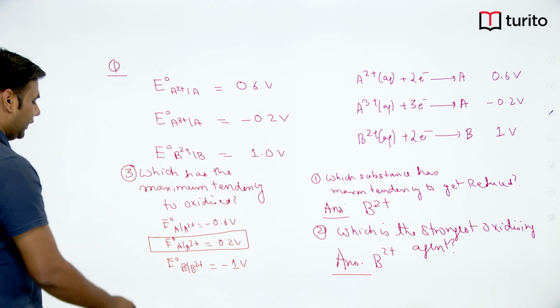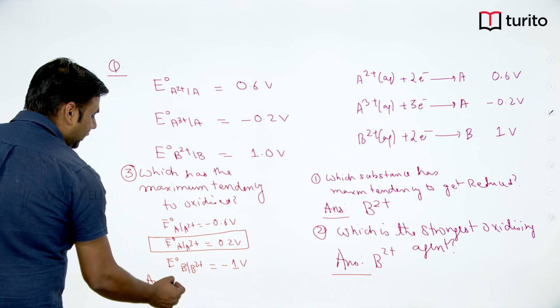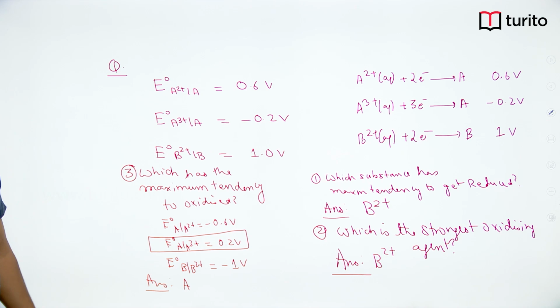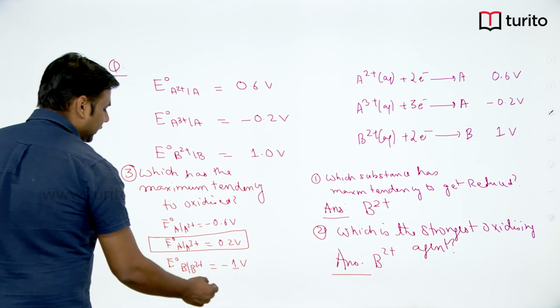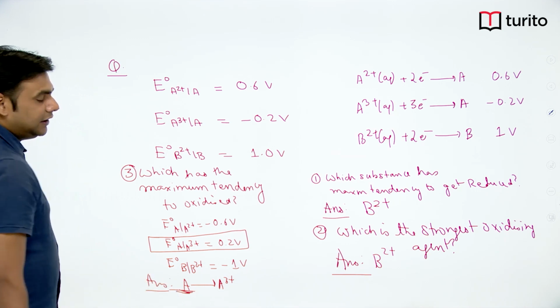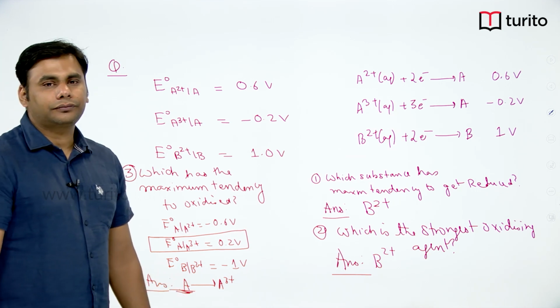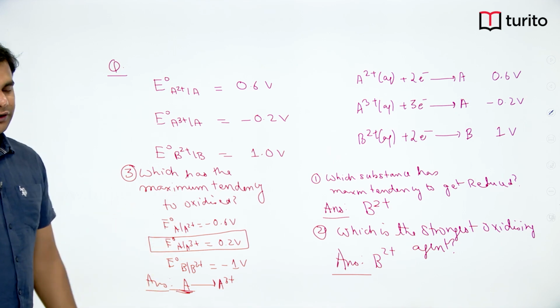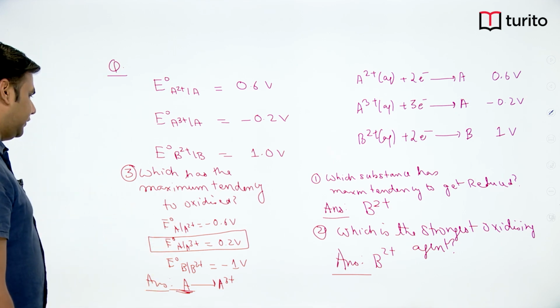So the maximum tendency to get oxidized would be A, and that too A changing into A3+. In this case, A will act as the strongest reducing agent. The substance which is getting oxidized will act as the strongest reducing agent.